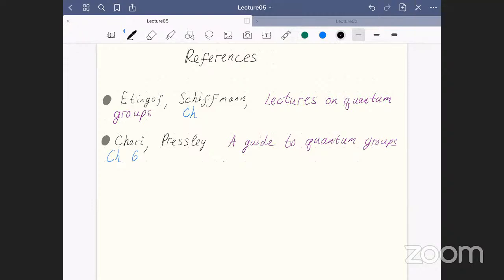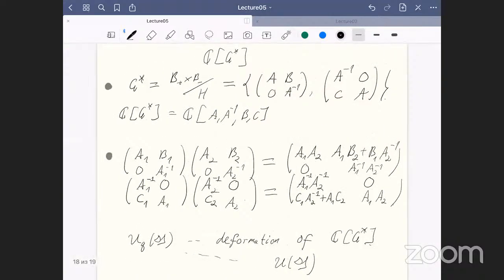When you say that we deform, can you please go back to the previous slide? You say that U_q of G is a deformation of C of G star, yes? Yes. And where is the deformation parameter here?